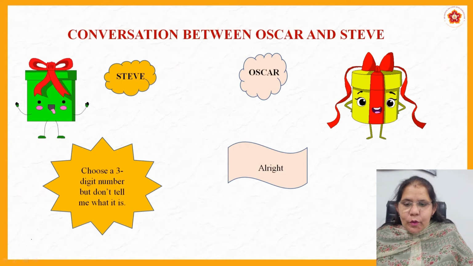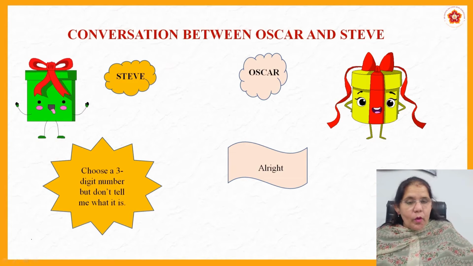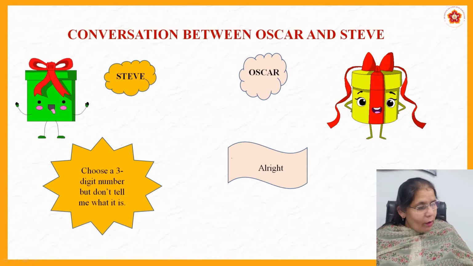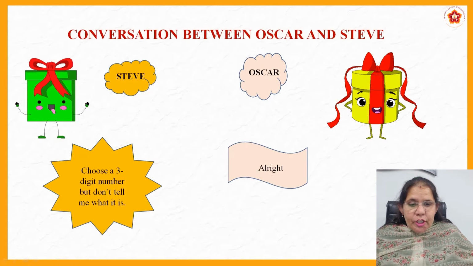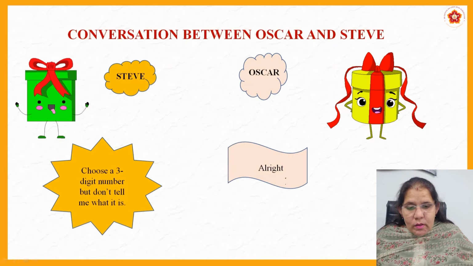Steve said, choose a three-digit number and don't tell me what it is. Oscar said, all right. She chose a number, and the number that she has chosen was 135.